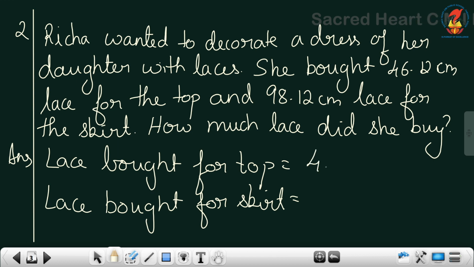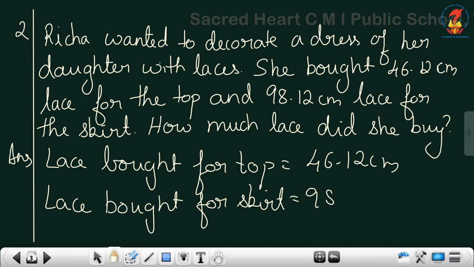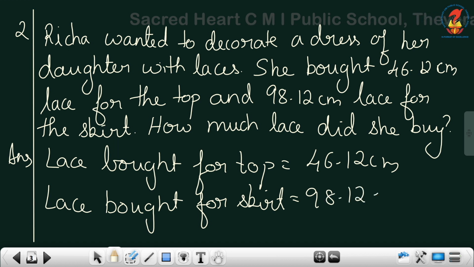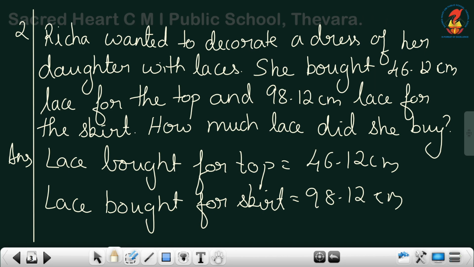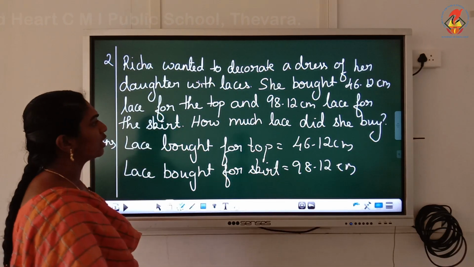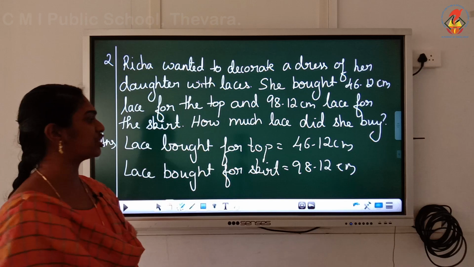For the top it is 46.12 centimeter and for skirt it is 98.12 centimeter. Okay. So how much lace did she buy?